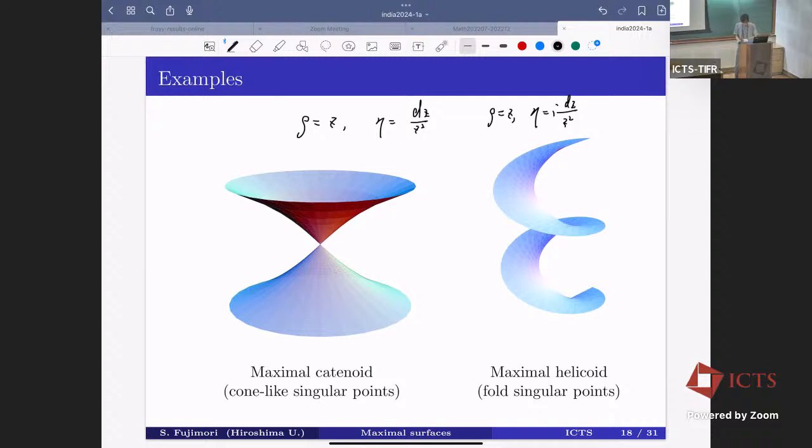But then the cone-like singular point changes to this singular point. It doesn't look like the surface has singularities, but actually, from this curve, the surface bends, so the surface is folded. So the surface is a 2-to-1 map. And this is called the fold singularity. So this one point corresponds to this fold singularity.